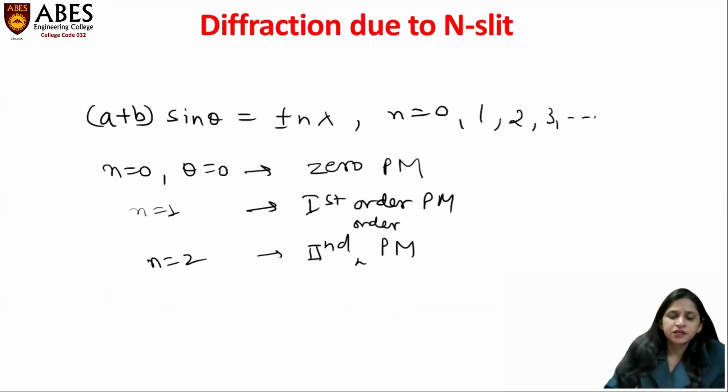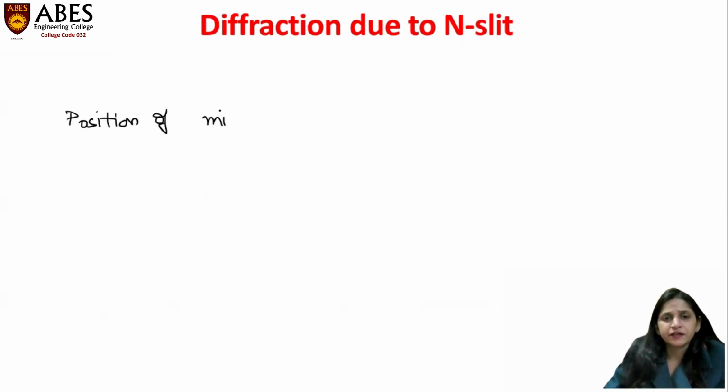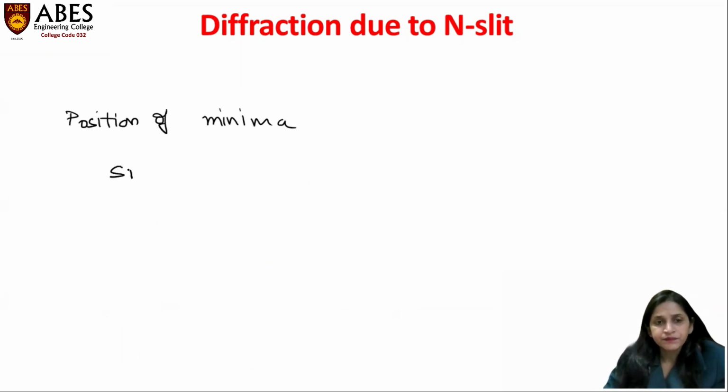Right. Now let us continue to calculate the position of minima, the minima that is separating the two maximas. Let us calculate the position of minima in N slits. Sine N beta should be 0 for the position of minima.